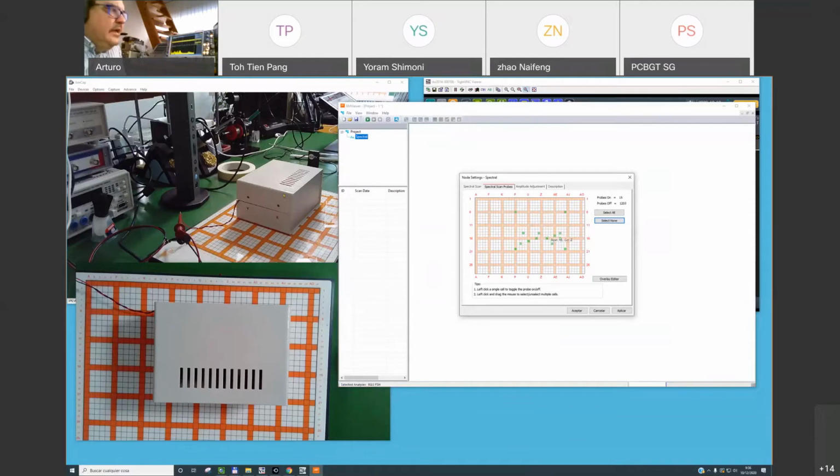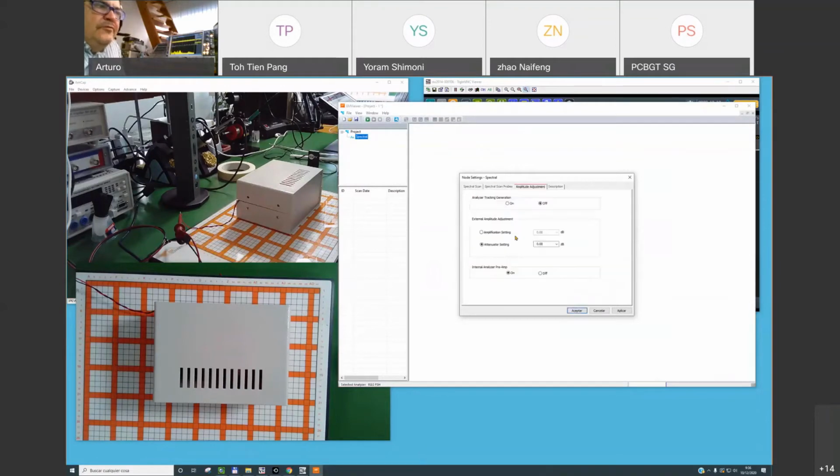Remember, the area with this kind of slots is here, and I am not selecting this area here. Obviously, you can select as many probes as you want, but remember that the scanning process will be slower. For the spectral scan, it's not necessary to specify all the cells below the product. We will do this when doing the spatial scan.